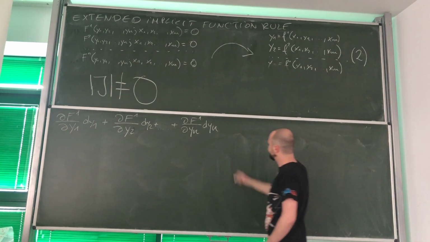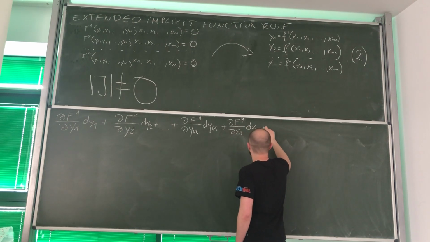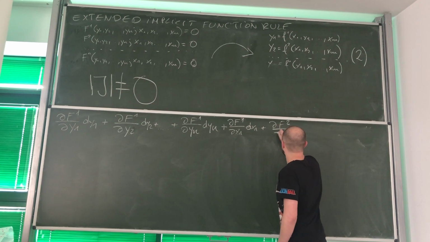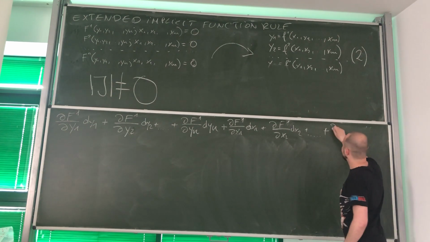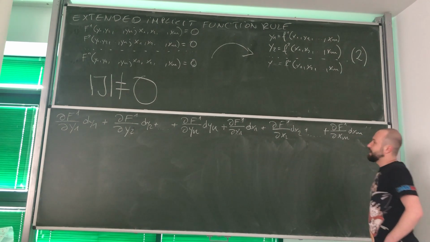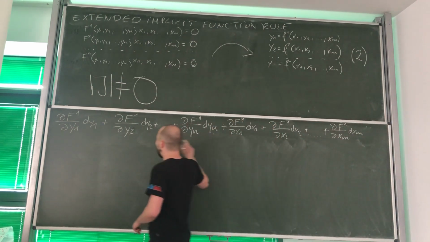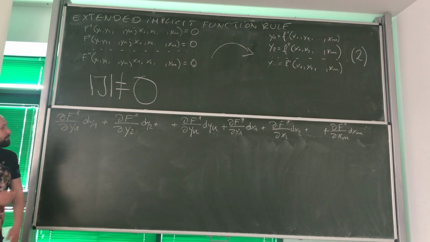So what do we have here? We've got plus df1/dx1 dx1, plus df1/dx2 dx2, plus, and until df1/dxm dxm.